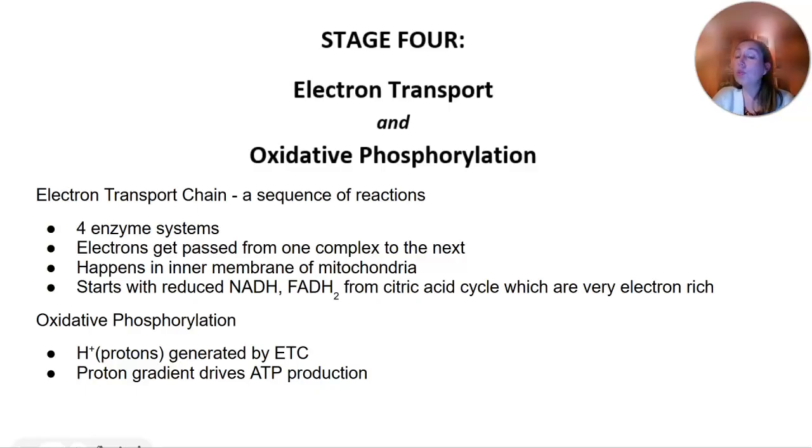It starts with those reduced forms, NADH and FADH2, that we get from stage 3, the citric acid cycle. They're really electron rich.